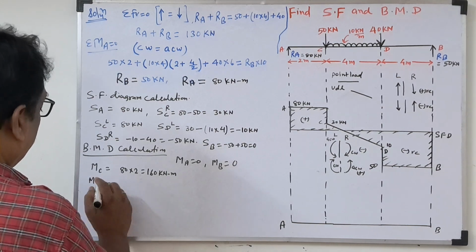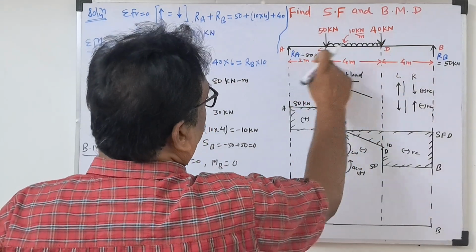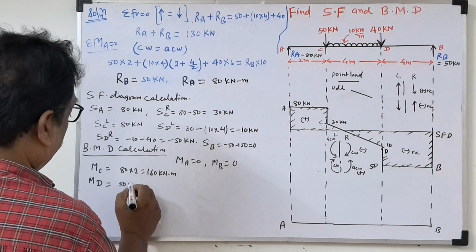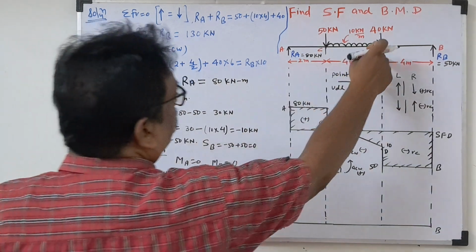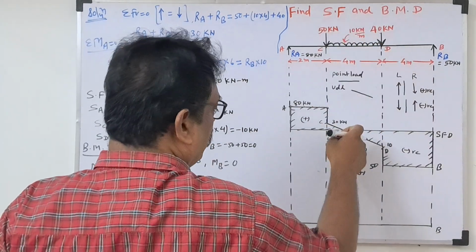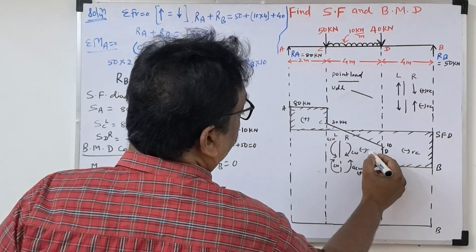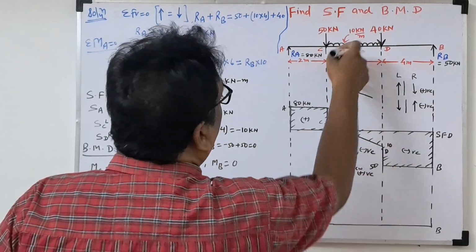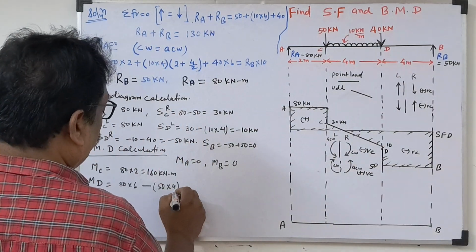Now we will take MD at point D. Look here, this 80 is going clockwise, total distance is 6. So 80 into 6, then minus this 50 coming anti-clockwise, negative, so 50 into 4.